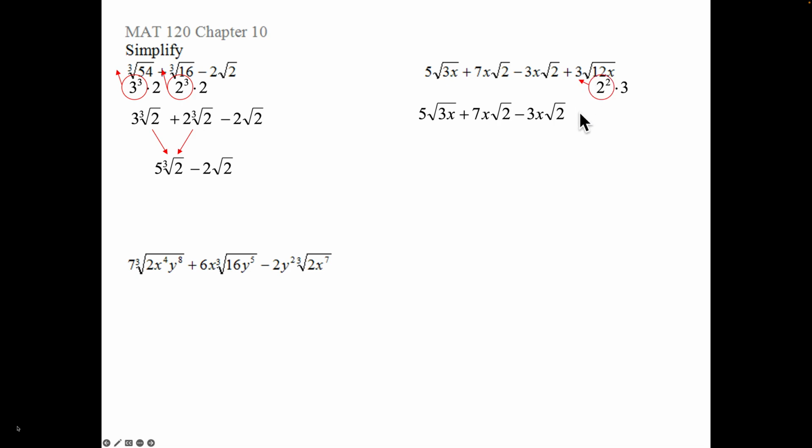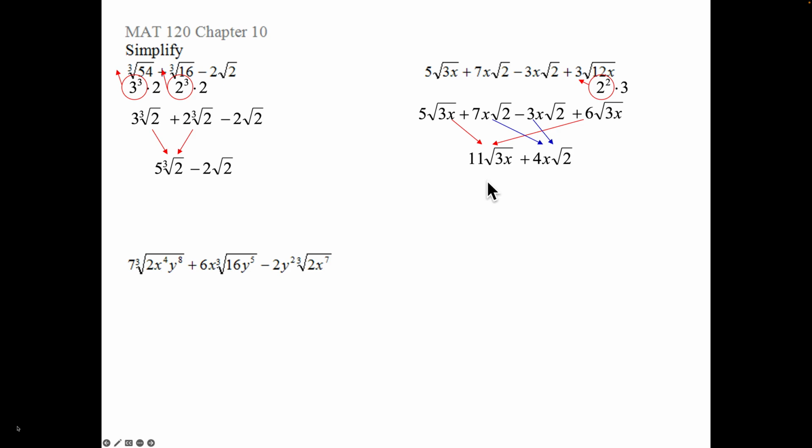Multiply that, we're going to get plus 6 times the square root of 3 times the x. All right? Square root of 3x, square root of 3x, 5 plus 6, 11 times the square root of 3x. Now we have x square root of 2, x square root of 2, 7 minus 3 is 4x square root of 2.